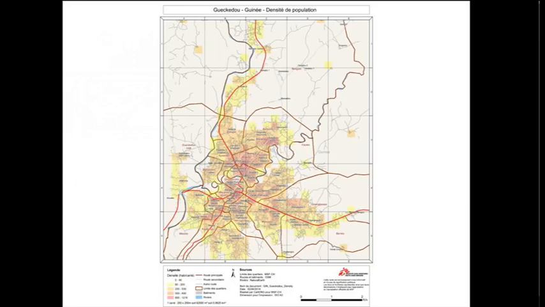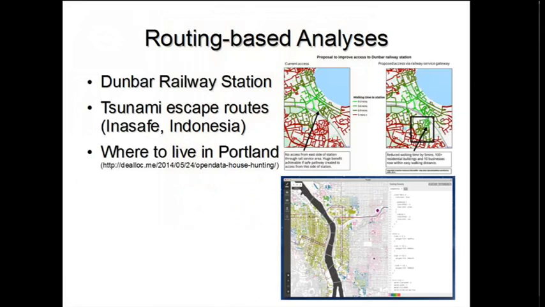And this shows the map that they generated, and the different colours represent different approximations to population density. So for humanitarian purposes, we can do really quite rich and interesting types of analyses, fairly straightforward.